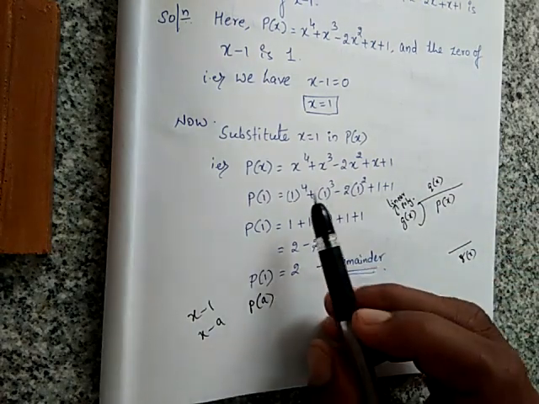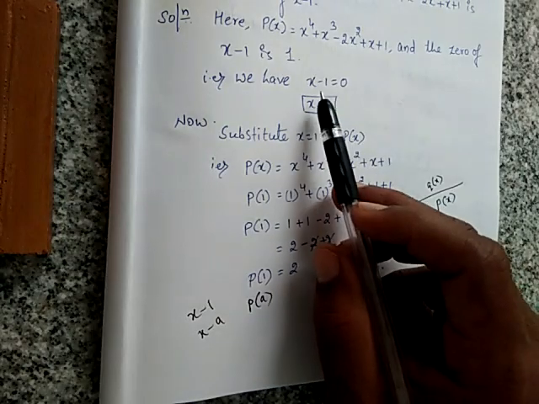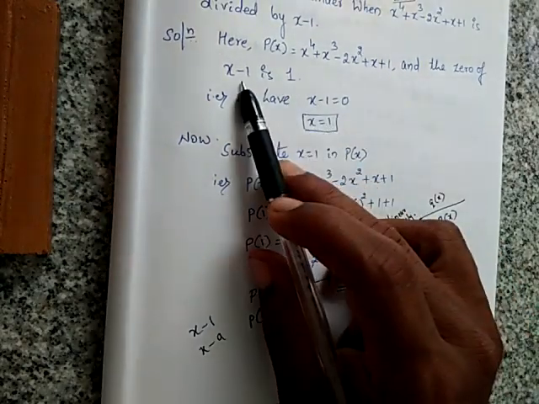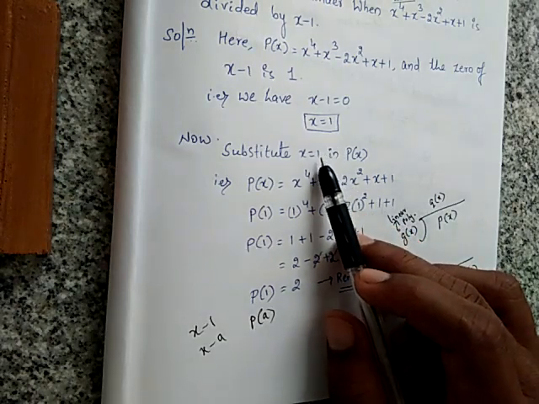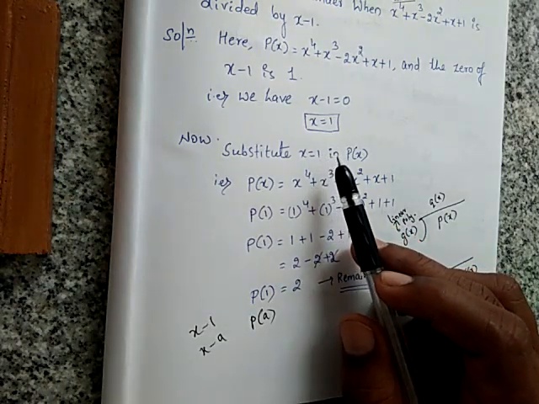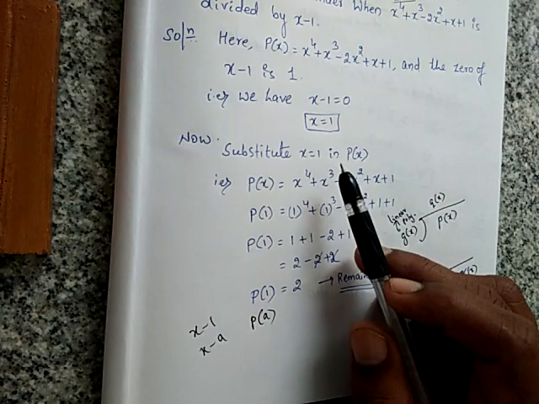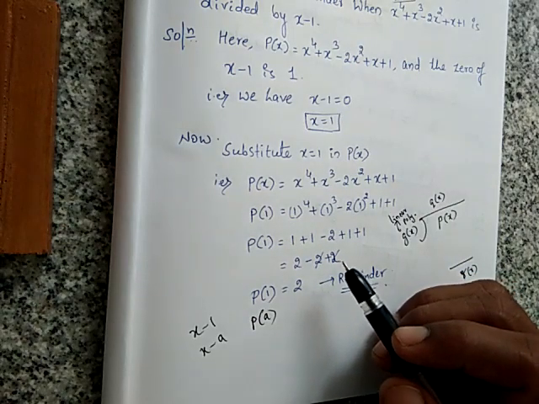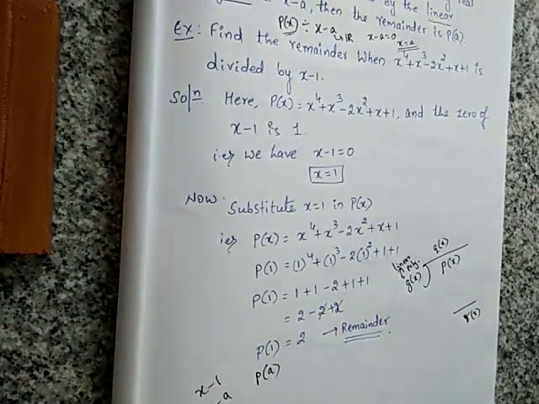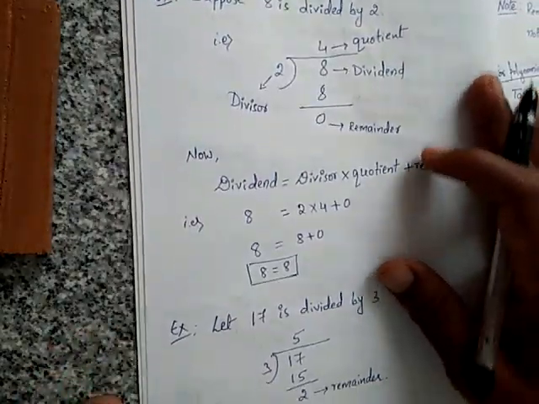Okay, but here by the remainder theorem, directly you can equate like this for the given linear polynomial, and you can find out the value of a, and that x value you can put in the given polynomial p of x, and you can find out the remainder directly here. Okay, so for the long division method, how did you find out? We will check. Okay, so for the next example, you can take like this.